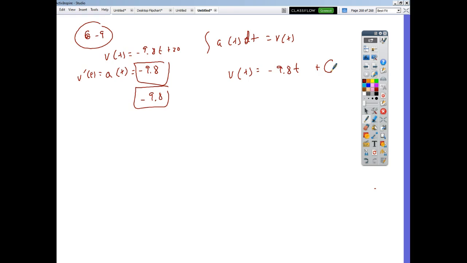The other way to write this would be negative 9.8t plus, you look over here, what's this variable? What letter is this? V. So we're going to write V at time equals 0, which is V naught, or initial velocity.